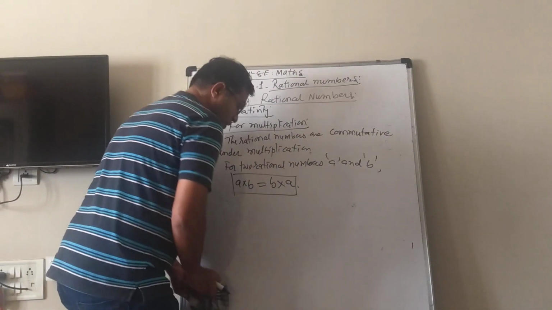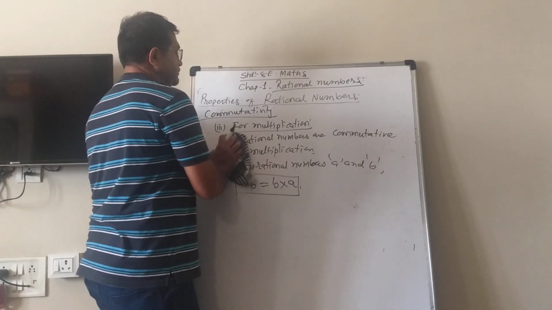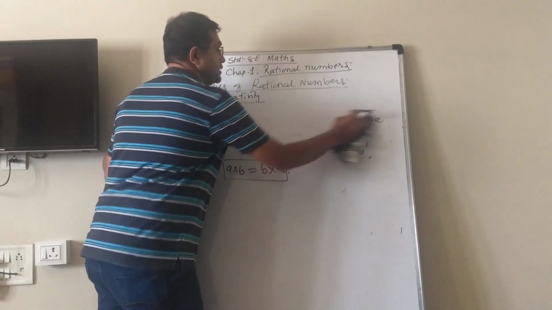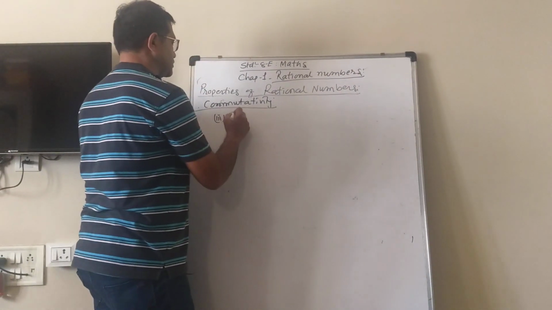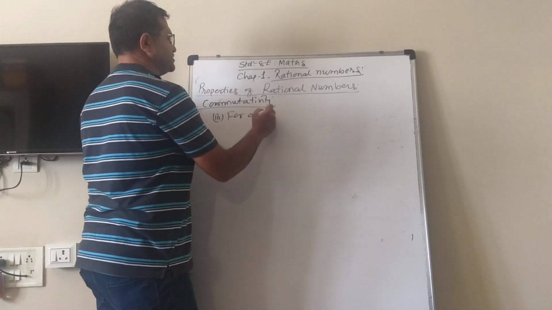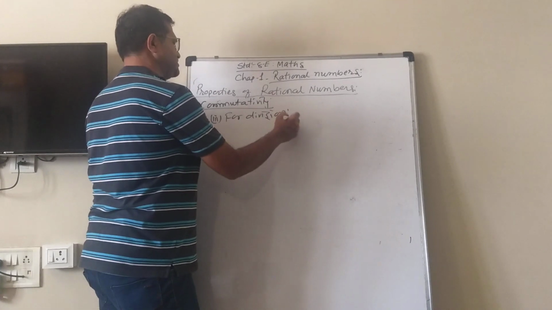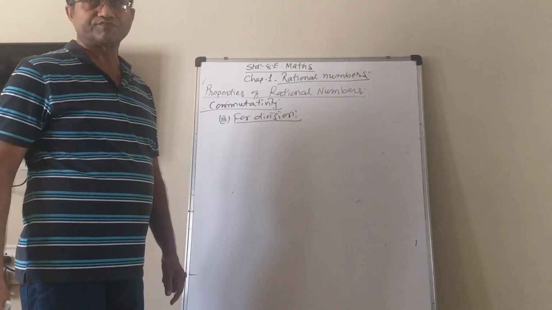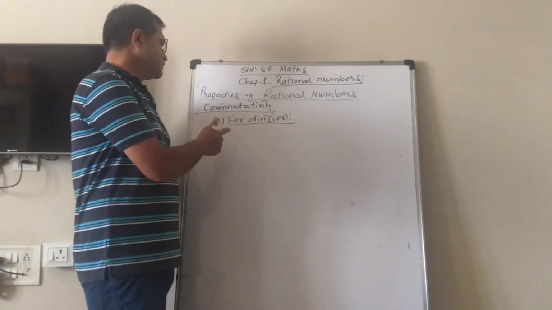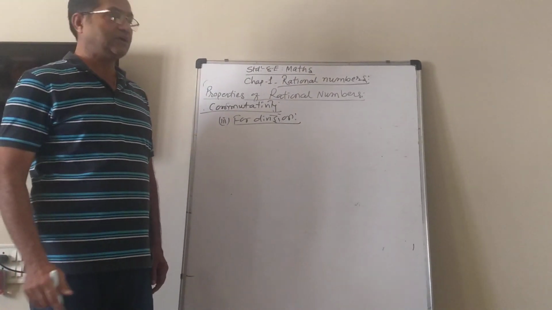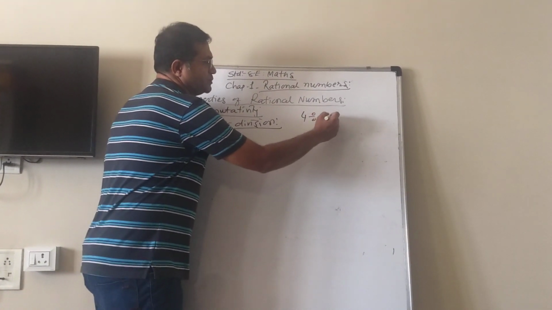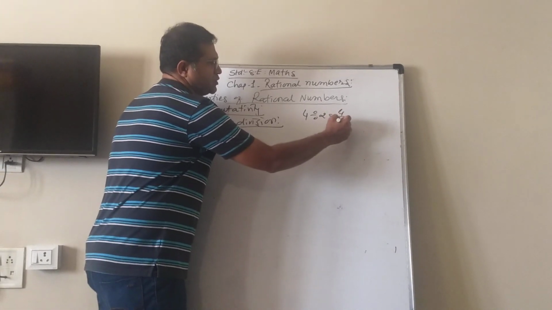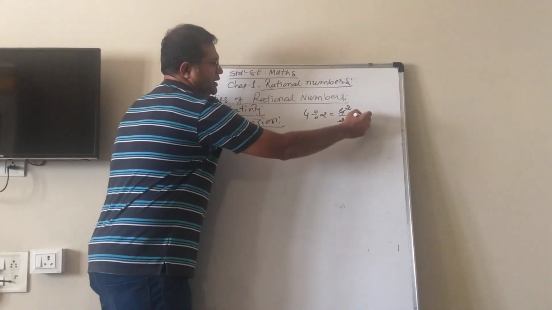Now we can check for division, the last operation. Now for division, we know that for the integers, like 4 divided by 2, you get 2.